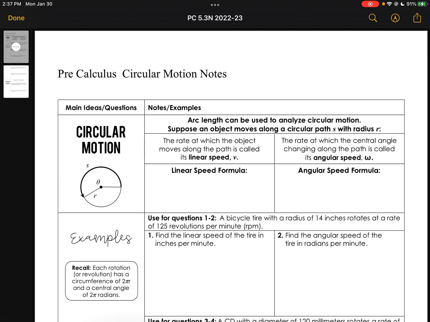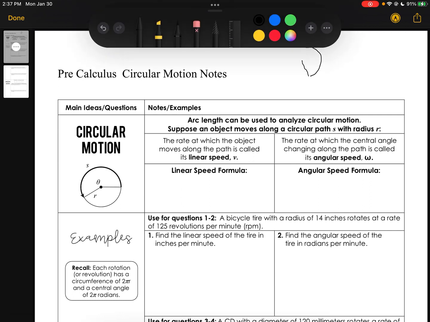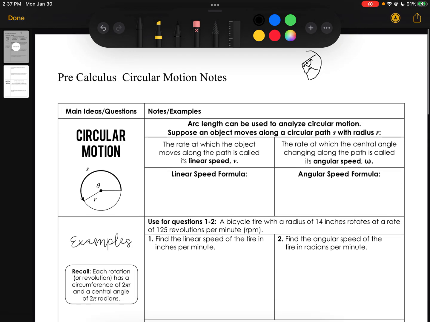Angular speed is a little bit different. This would be viewing how quickly your angle is changing. So if you're starting at the center of the field and the angle reaches out to you, this is the corner of the track, and it's talking about how quickly that angle measure is changing as you continue to go around the corner.